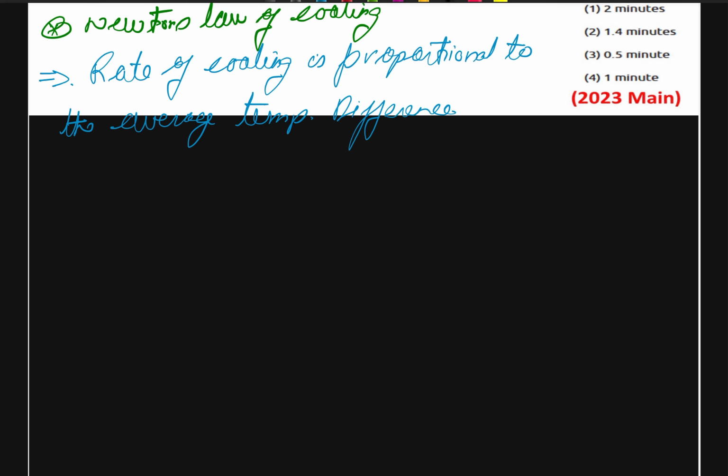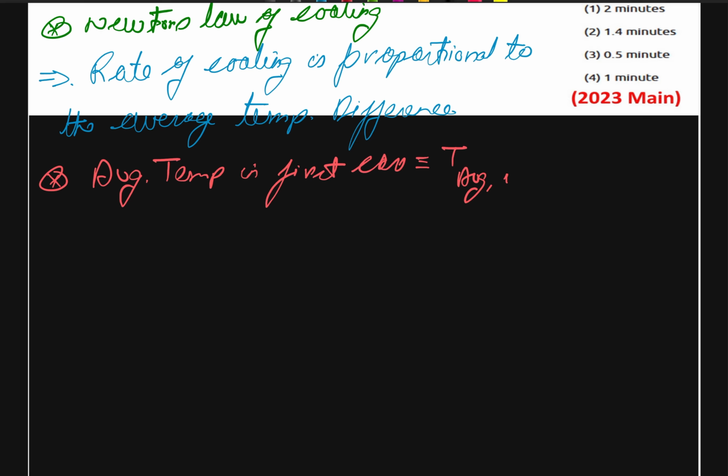Therefore, we can say that the average temperature in first case, let us call this T average 1, is equal to 98 plus 86 divided by 2. That will be 92 degree centigrade.